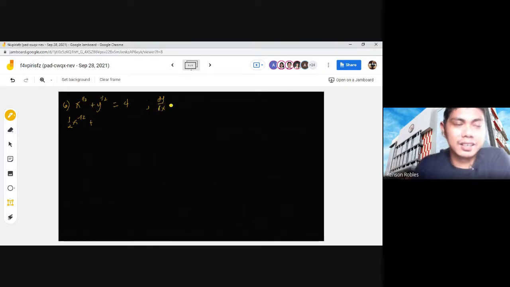And the second derivative of y in terms of x. Okay? So 1/2 x raised to negative 1/2 plus 0. You now differentiate in terms of y. So you now affix dy/dx or y prime.